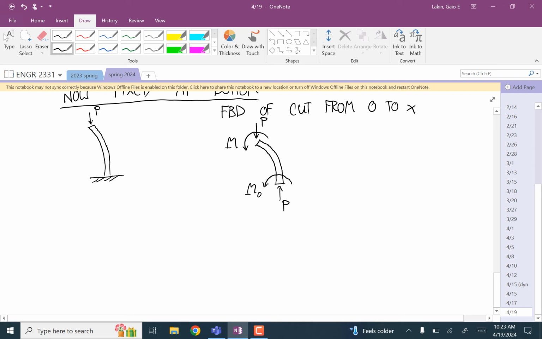And rotational Newton's second law about this point, and when we calculate deflection, we're talking about this again.